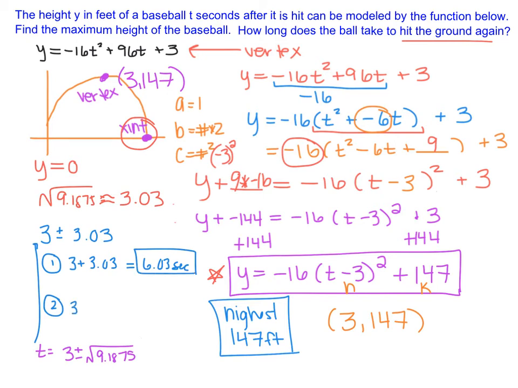And then I have 3 minus 3.03, which tells me that my ball is in the air for a negative 0.03 seconds. So I have these two possibilities, and if you logically think about the problem, this negative possibility really doesn't make sense. So by using my completing the square strategy and rewriting this equation, I'm able to find that my highest point is at 147 feet and that my baseball was in the air for 6.03 seconds.